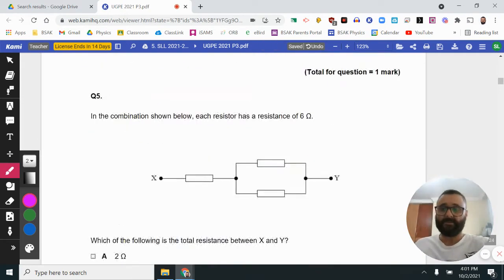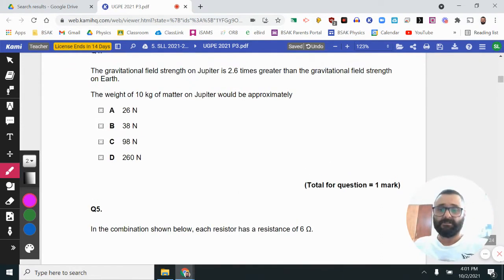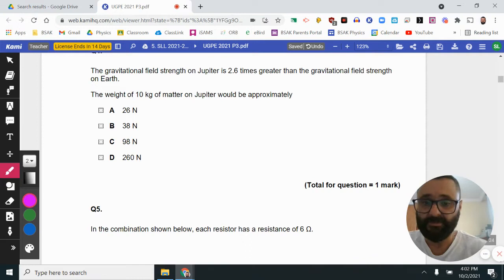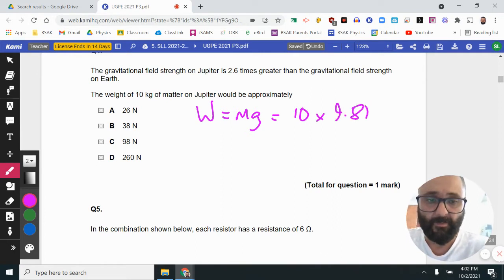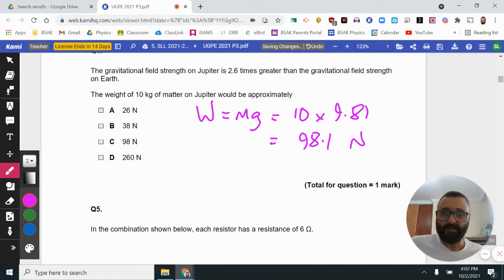Over the page, question 4. Weight of 10 kilograms on Jupiter. Well, let's do it on Earth first. W equals mg, so it's 10 times 9.81. That is 98.1 newtons, the weight of the 10 kilograms on Earth.